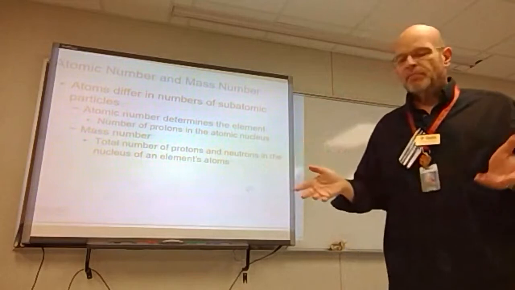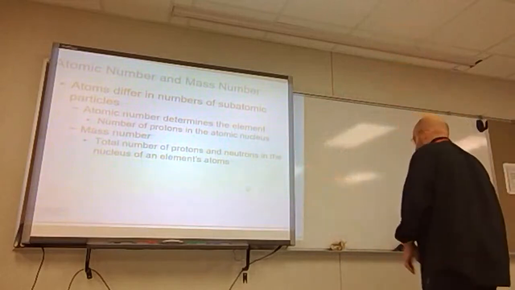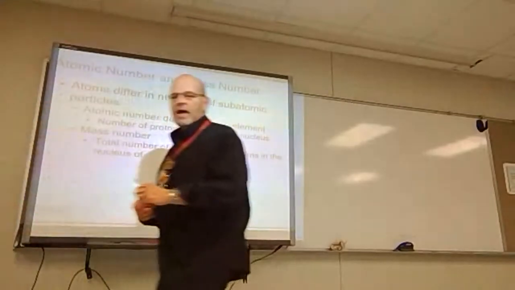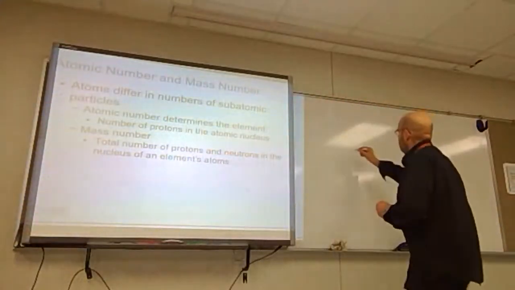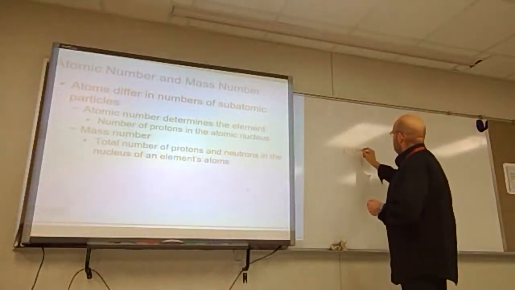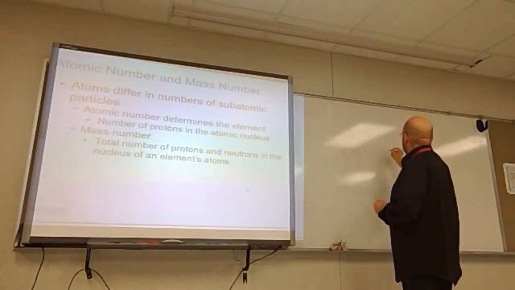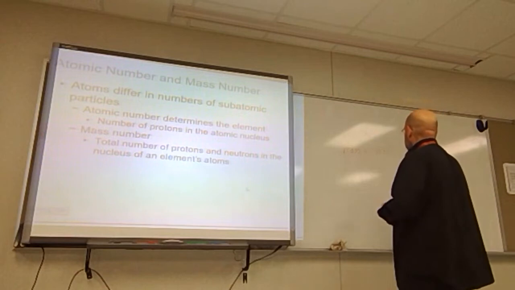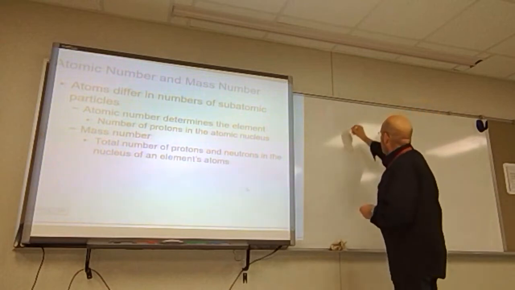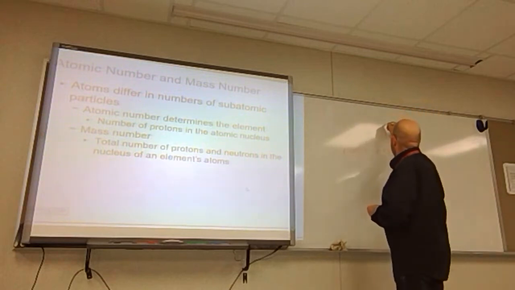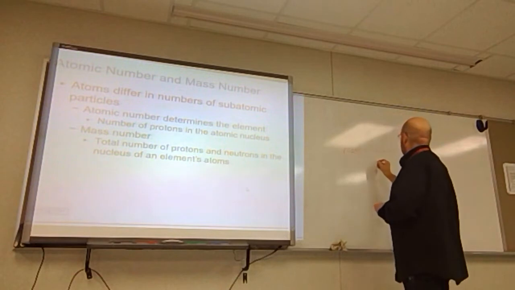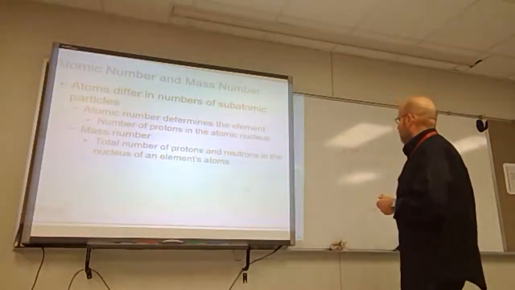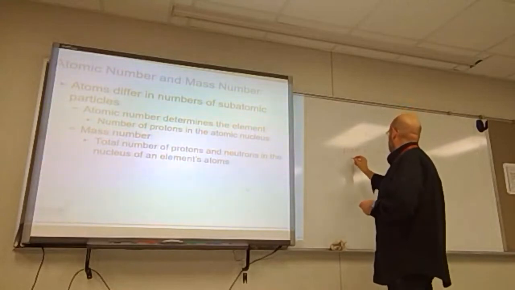This is just a simple calculation where the mass number is equal to the protons plus the neutrons. If you know that our mystery element X has 57 protons, we plug that in right there, we know its mass number is 167.